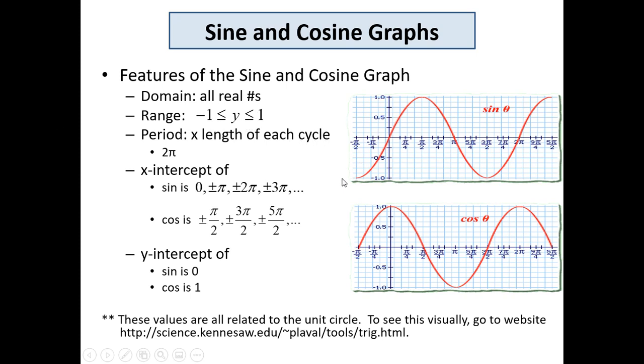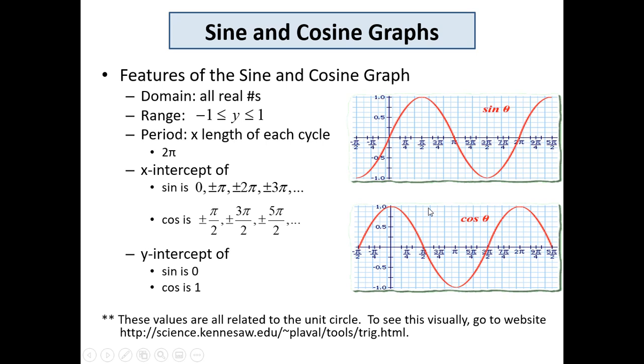Now, for cosine, you'll notice that the graph starts when we're at cosine of 0 at a maximum of 1. It crosses the x-axis at pi over 2, hits a minimum at pi, comes back to 0 at 3 pi over 2, and then it comes back to its maximum at 2 pi.